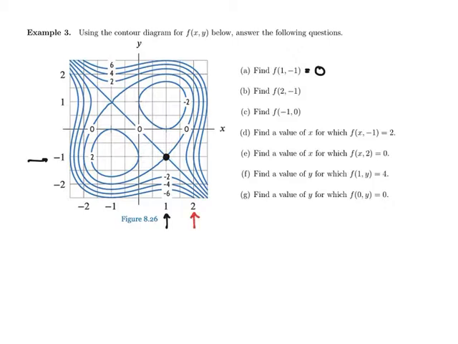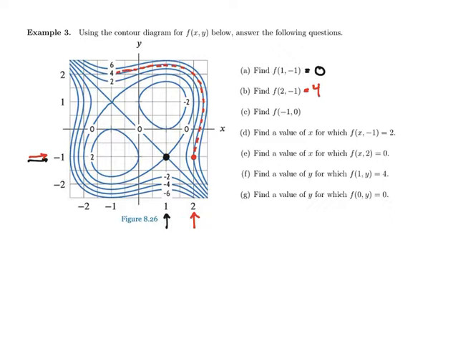So that is x is 2, y again is -1. That's going to be at this point right here. And if we follow this contour line along to get to the label, we can see this has a label of 4. That is the contour corresponding to 4 in that picture.